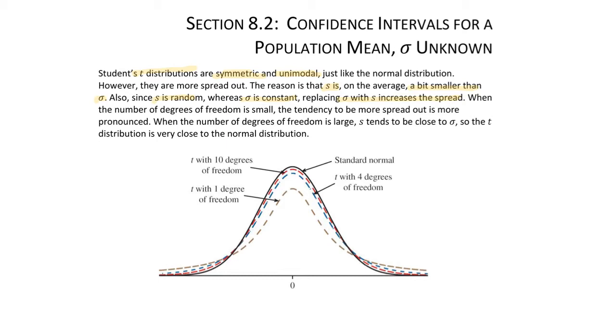So the t distributions are much more spread out than normal. When the number of degrees of freedom is large, S tends to be very close to sigma. So the t distribution is very close to the normal. So in this diagram you can see the amount of the spread decreases as the number of degrees of freedom increases.